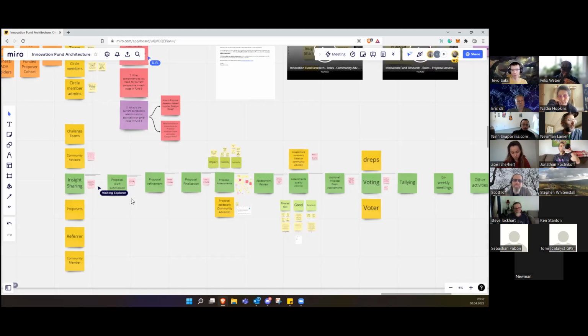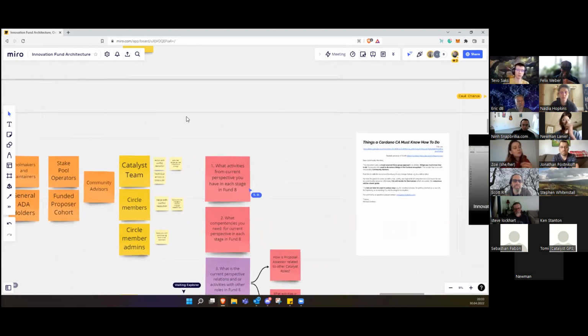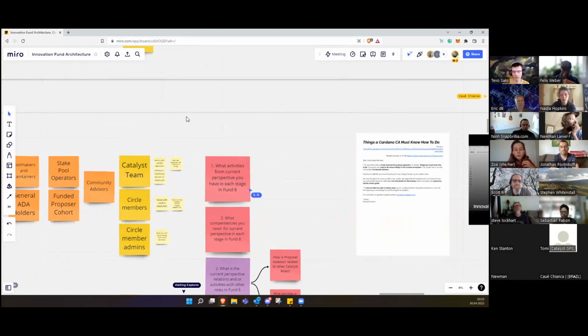If they say I'm a community advisor, yes, we can somewhat understand, but the gray area starts somewhere there. With that extra label we introduce, I see it as a more efficient way to communicate. So today's session is basically about community advisors, but we call it proposal assessors.